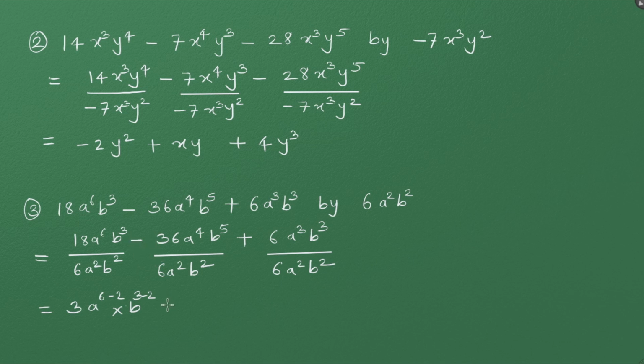Then this minus, this becomes 6 a raised to 4 minus 2 and multiplied by b raised to 5 minus 2, then plus it is a raised to 3 minus 2 multiplied by b raised to 3 minus 2.